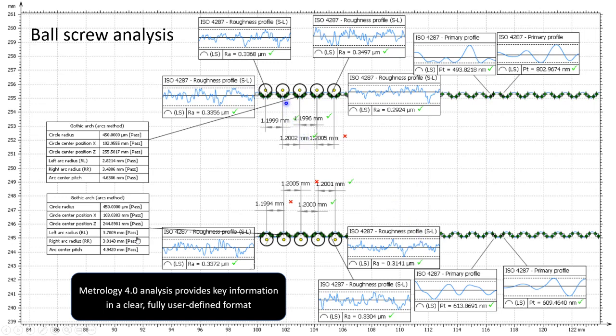And in particular, you can see that we've fitted the balls of known size to the Gothic arch shapes. We know the center positions of these balls, and we've done the same thing underneath here. And we're looking at the distance, the pitch circle diameter, the PCD, between these centers, as well as looking at other dimensions such as pitch and other characteristics such as roughness, primary profile, and Gothic arch dimensions.